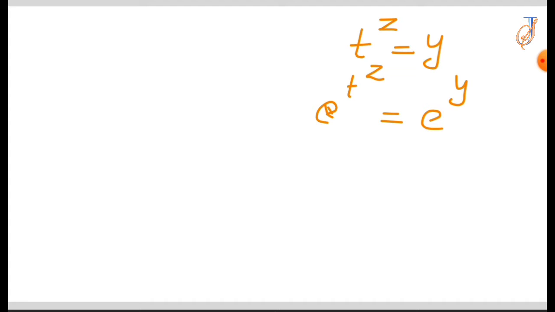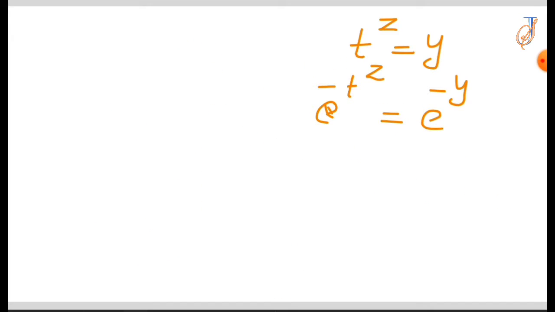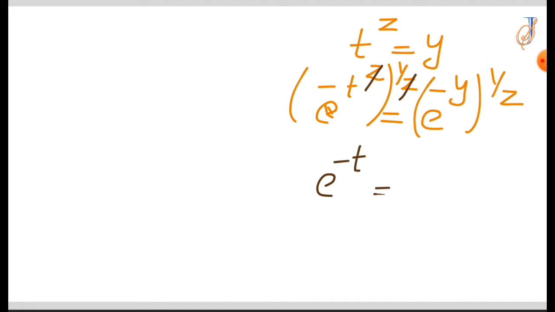We have only the e power minus t term, we don't have t power z. So that's why both sides in the powers are multiplied by 1 over z. Z cancels. So e power minus t is equal to e power minus y whole power 1 over z. After doing some simplification, we got this.